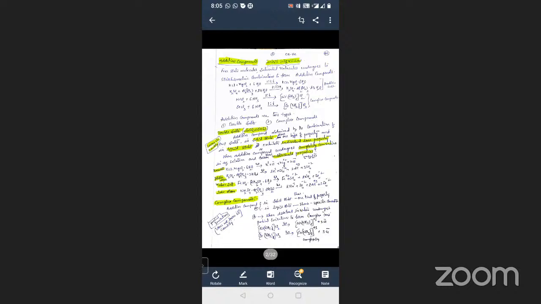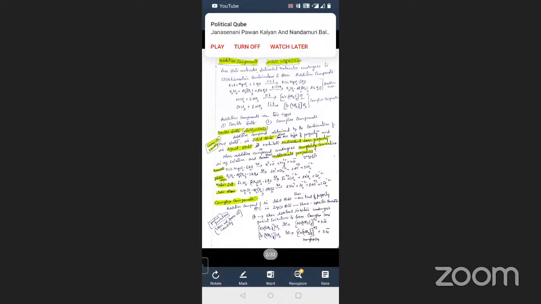When it is dissolved in water in aqueous state, this potash alum completely undergoes ionization to form potassium ions, aluminum ions, and sulfate ions. In total, 2 potassium ions, 2 aluminum ions, and 4 sulfate ions are formed.